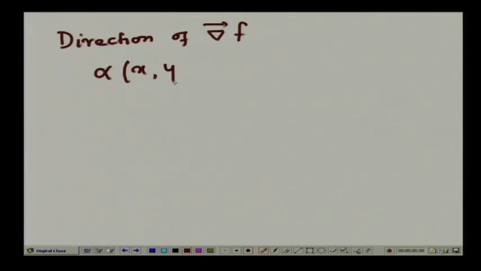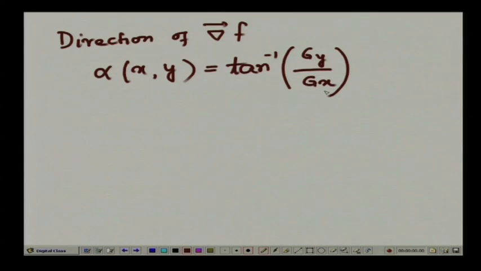So, we have to compute the direction of the edge, that is the direction of the gradient vector f. The direction of the gradient vector f at location (x, y), we can write as alpha(x, y) is equal to tan inverse of g_y by g_x, where g_y, as we have said, is the gradient in the y direction and g_x is the gradient in the x direction.